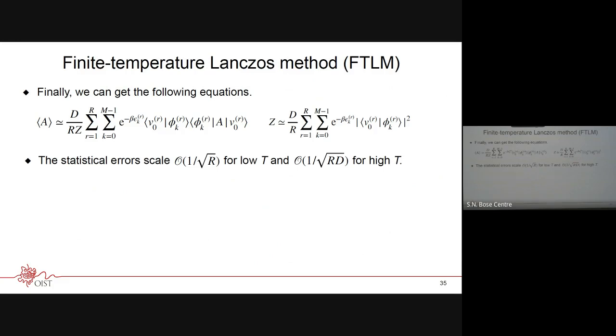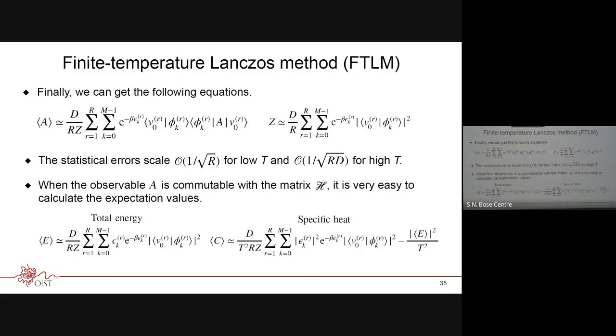It is known that the statistical error scales as 1 over square root of R. R means the number of realizations of the initial vectors. And actually, in the high T regime, the error is very small because it scales as 1 over square root of RD. That means if the dimension of the Hamiltonian matrix is large enough, only one realization is needed to get the true value.